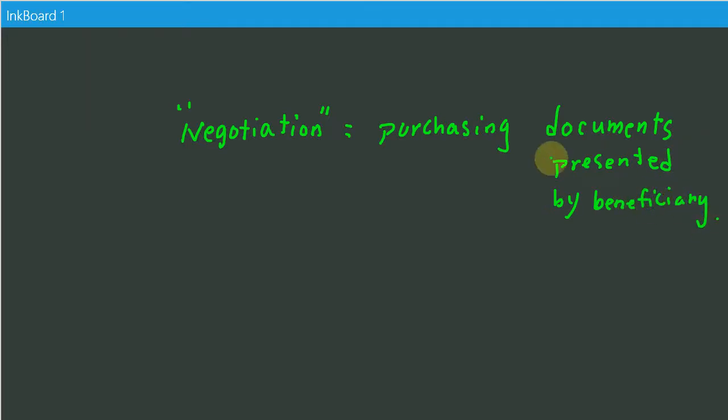Okay? This is the meaning of negotiations. Any banker, in this case, is a freely negotiable letter of credit, LC, right? I told you. Anyway, this is the meaning of negotiations.